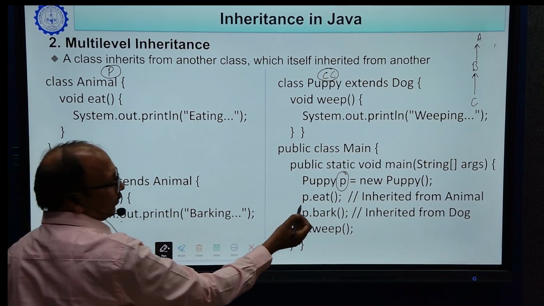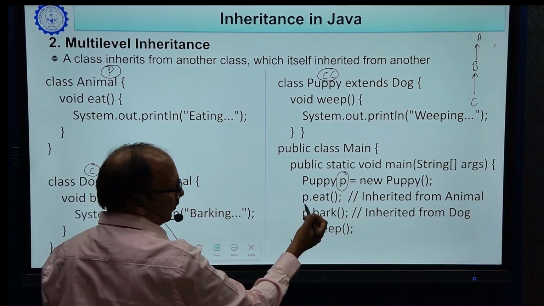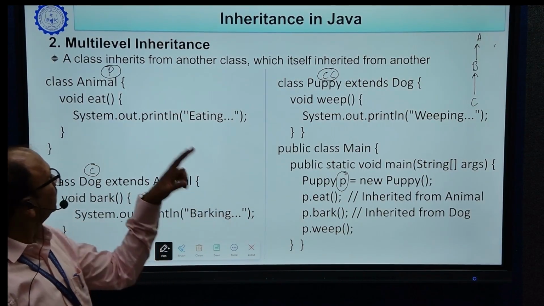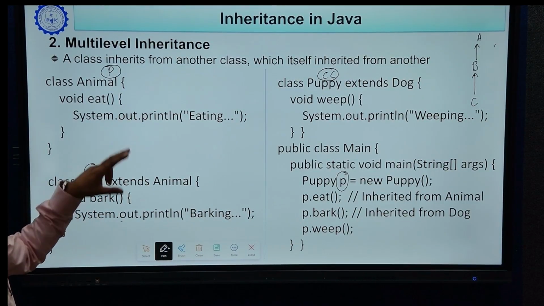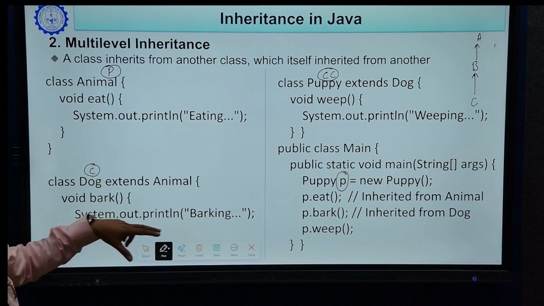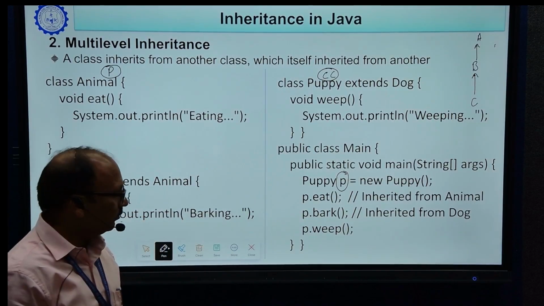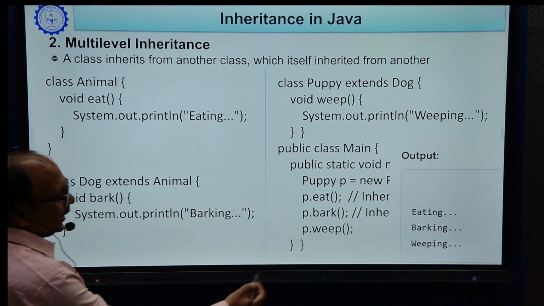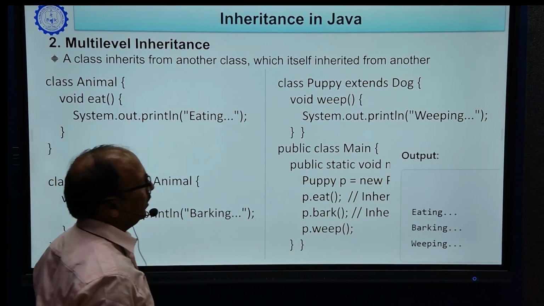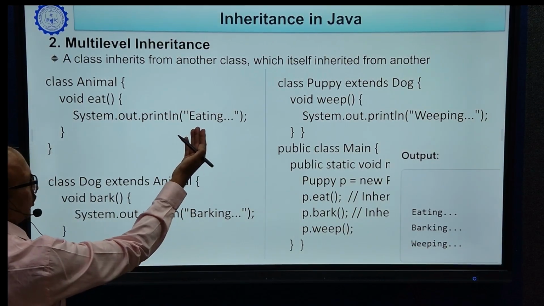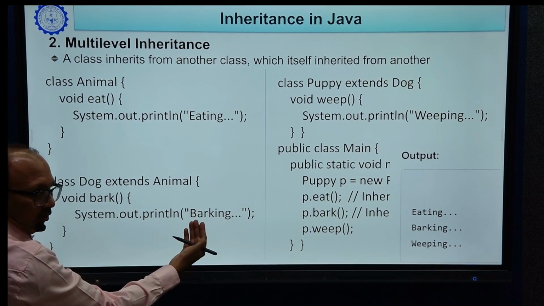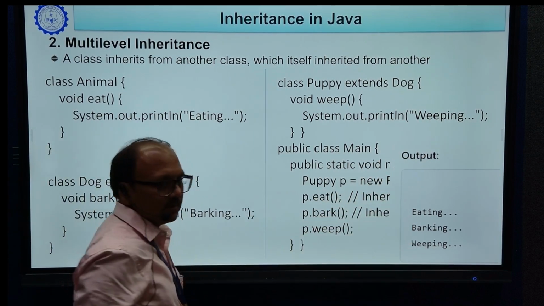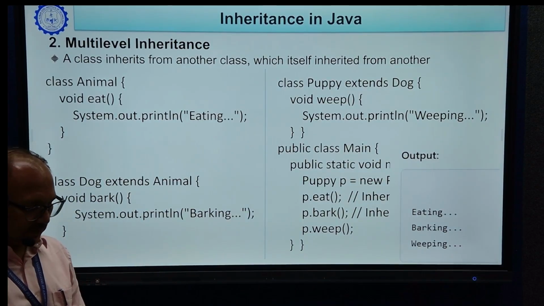With the help of this object P, we are calling the eat method, the bark method, and the weep method, right? So this will be the output: eating, barking, and weeping. First we call eat so eating will be displayed, then barking, then weeping.